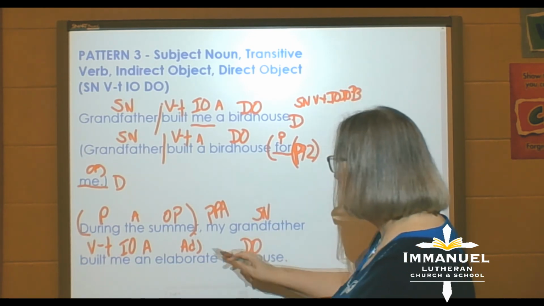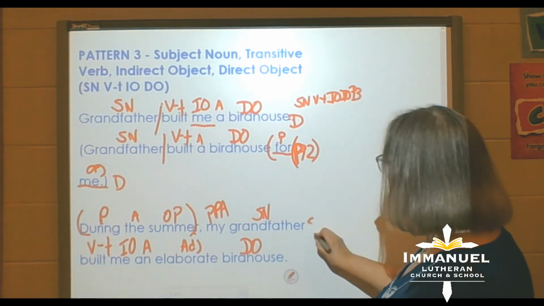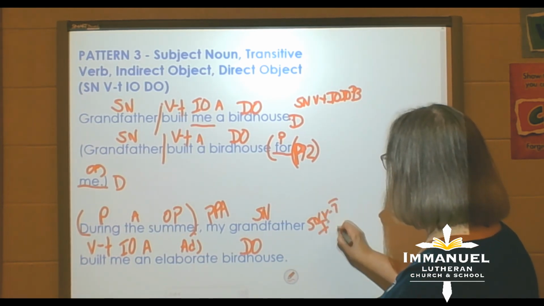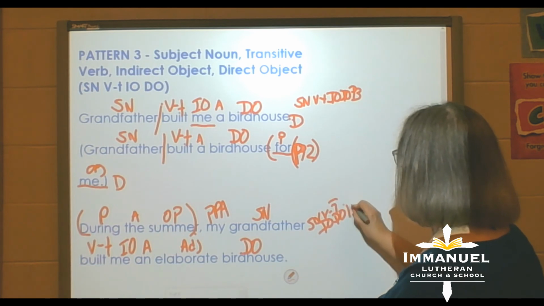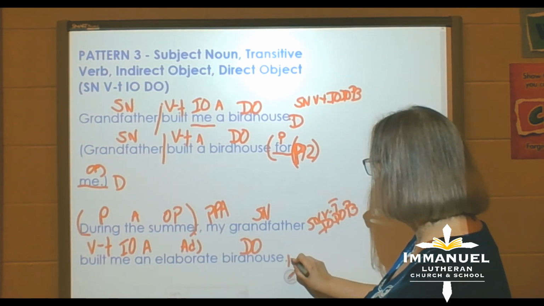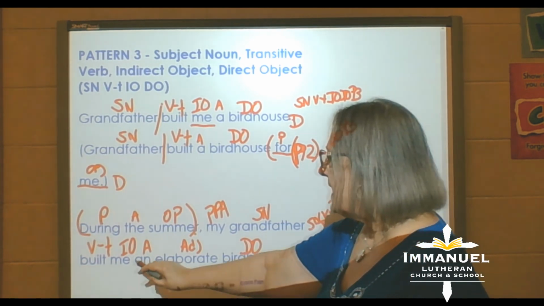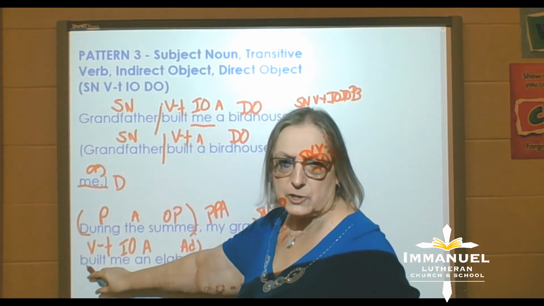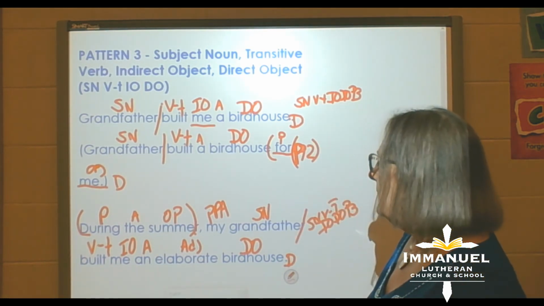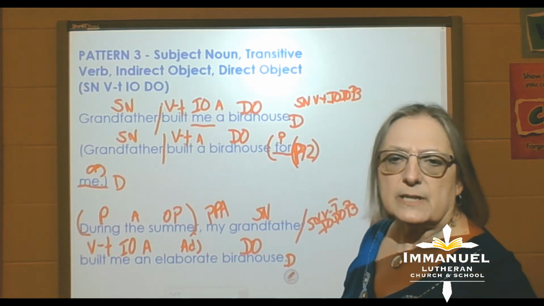So let's finish this out. Subject noun, verb transitive, indirect object, direct object, pattern 3, check. We come all the way through and read period, statement, declarative sentence. Go back to the verb. I'm going to put the slash at the end of the other line here. Now, what is the subject?